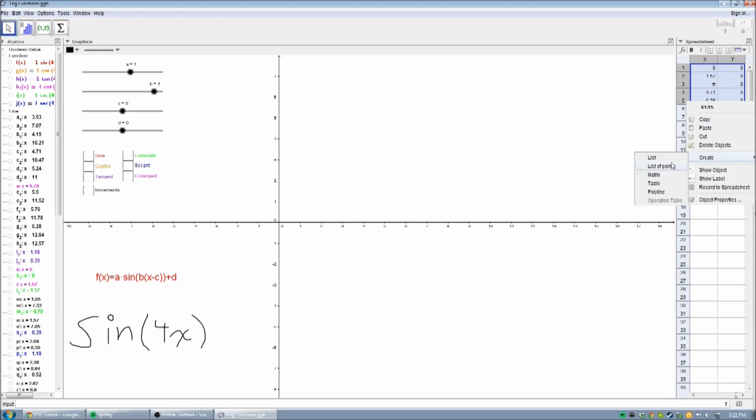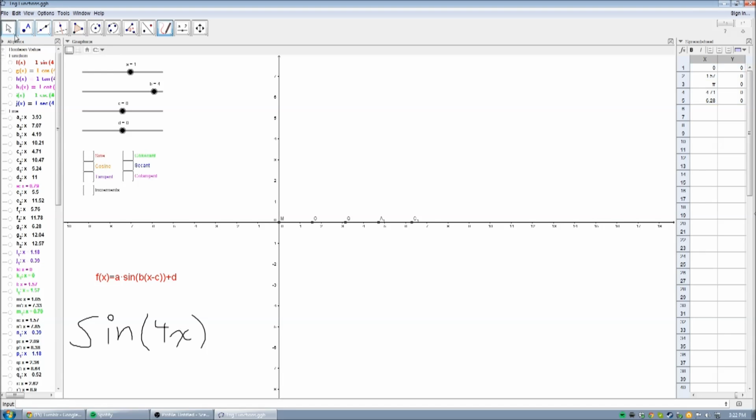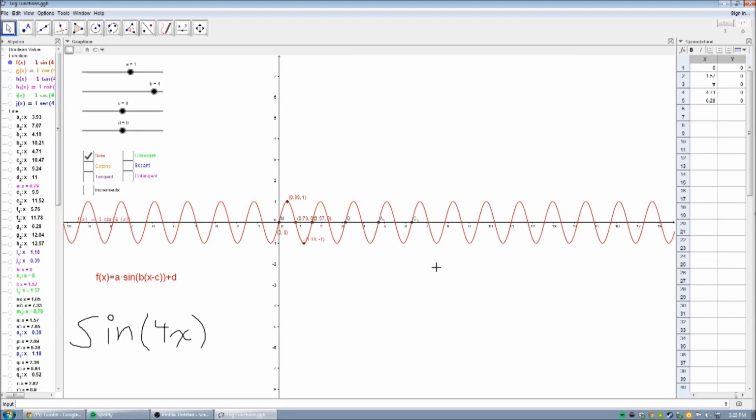This is strange. List of points. This is another seemingly straight line, but let's see what the graph looks like. Okay, this one's even tighter. What is happening here? Well, when we change the b value, it's going to change our period.